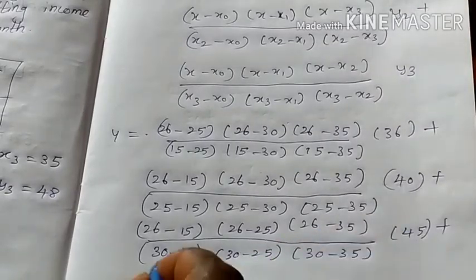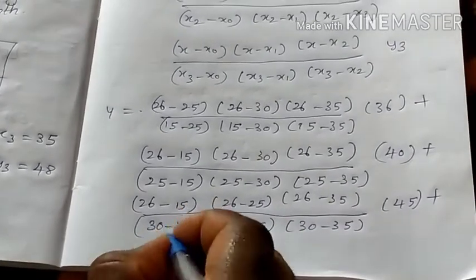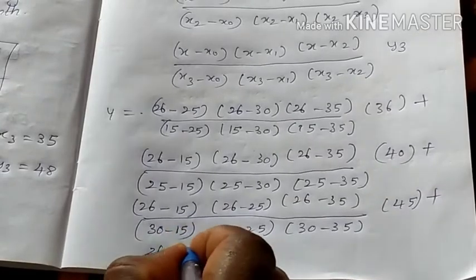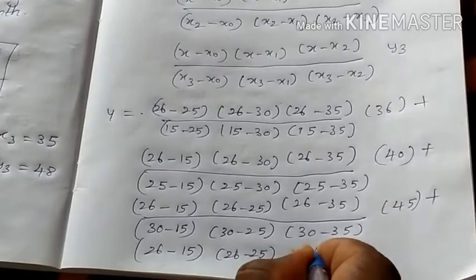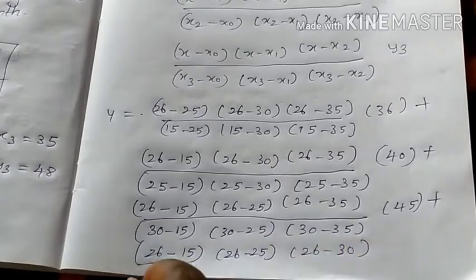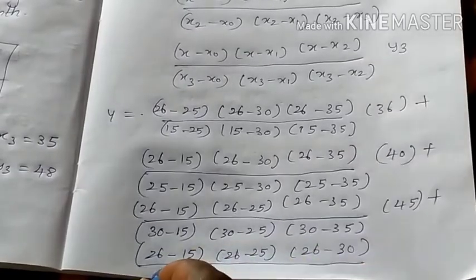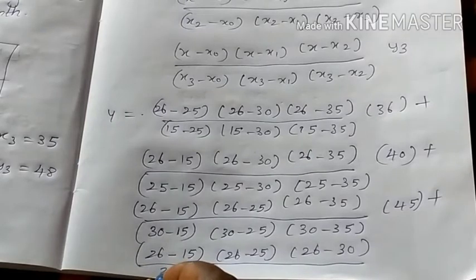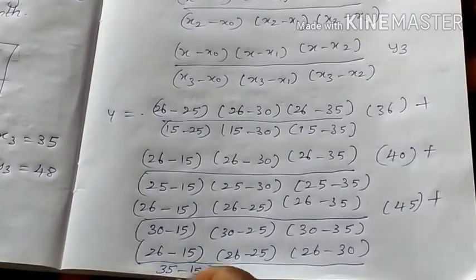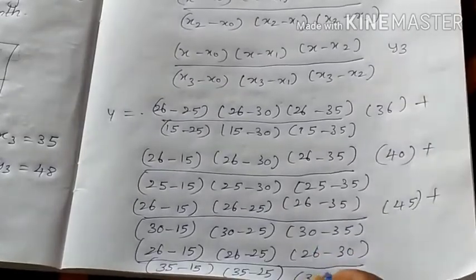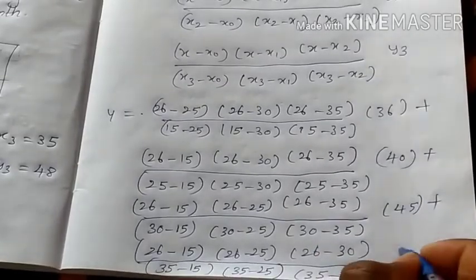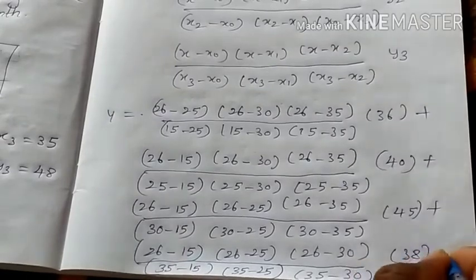Plus 26 minus 15, 26 minus 25, 26 minus 30, whole divided by x3 value 35: 35 minus 15, 35 minus 25, 35 minus 30, y3 value is 48.